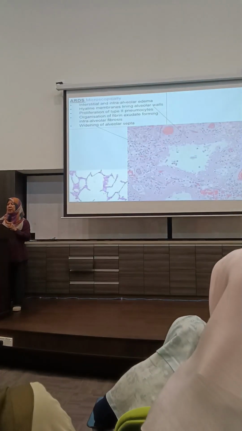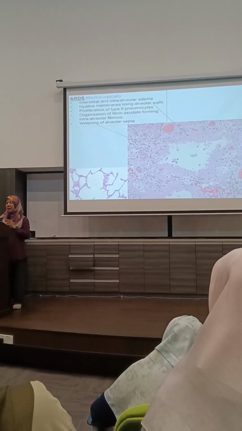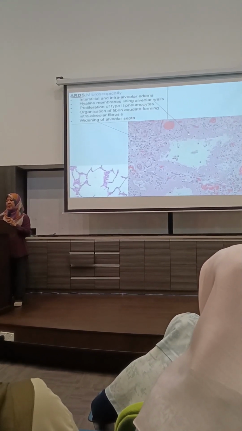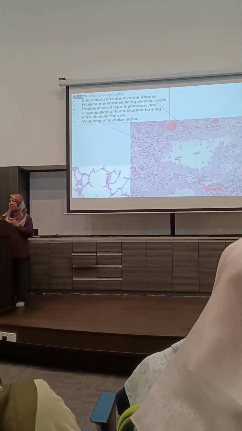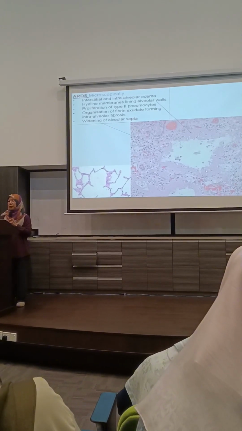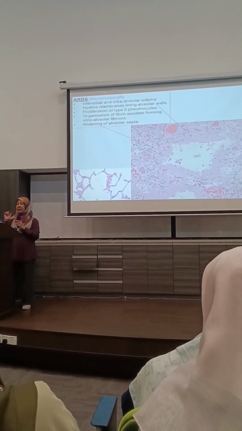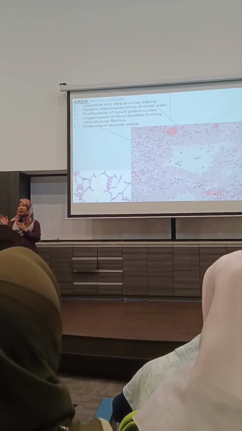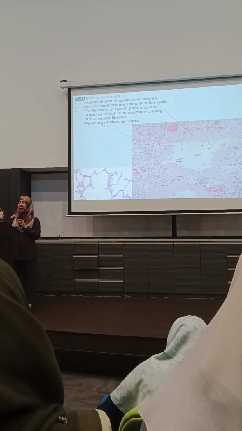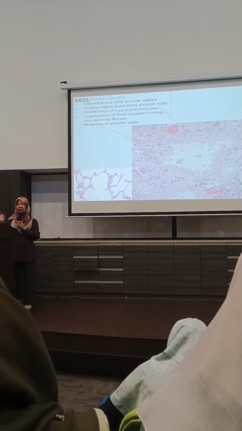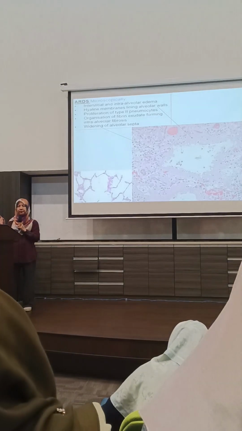If you look at it under the microscope, you find that that's the hyaline membrane. We call it hyaline membrane. So the protein and the dead cells form the hyaline membrane. Once they form the hyaline membrane, they are going to block exchange of oxygen and carbon dioxide.